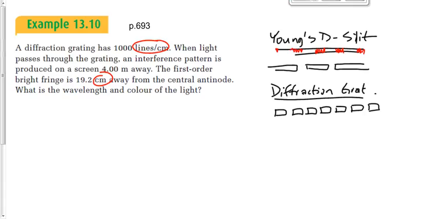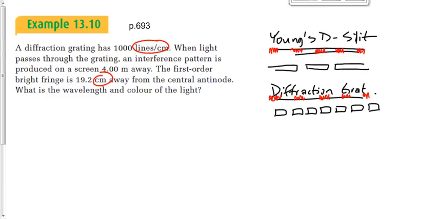The interference pattern formed by this is bright spot, dark spot, bright spot, dark spot, and so on. So we end up seeing, for all intents and purposes, the same thing with 1,000 openings per centimeter as when we have two openings. We just have to be able to deal with that number, that's all. Let's write down our other givens and then we'll deal with that number, all right?